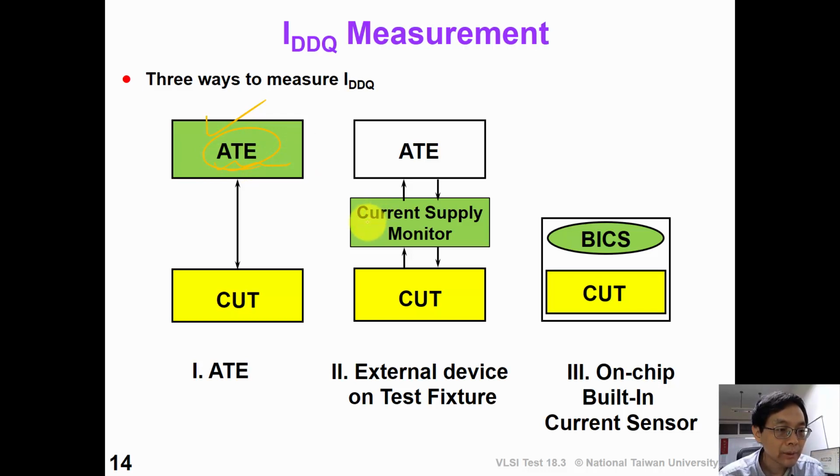The second method is that we can implement some current supply monitor on the test board. Or the third method, we can implement an on-chip built-in current sensor, BICS, on the chip.